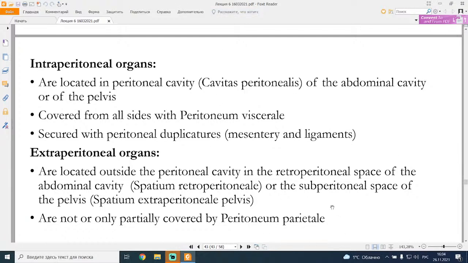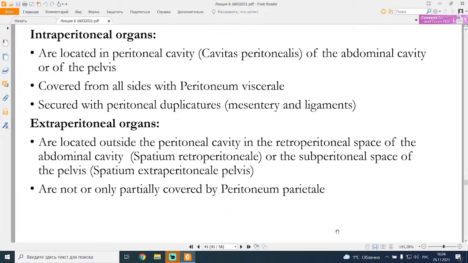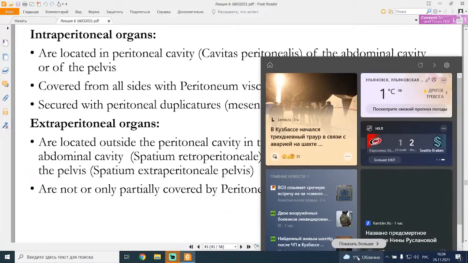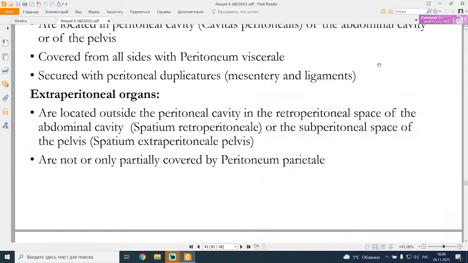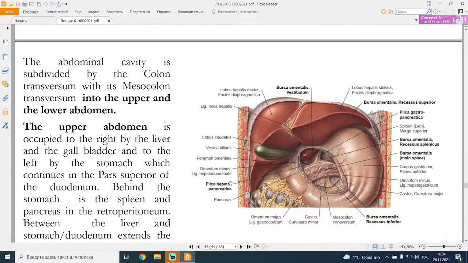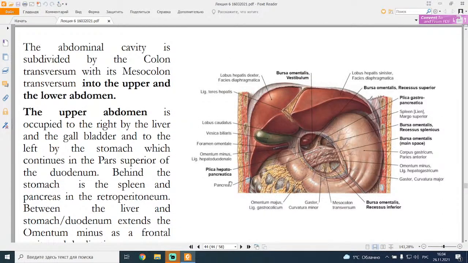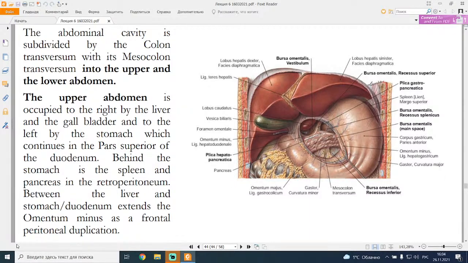Peritoneum parietale. And then the abdominal cavity is subdivided by the colon transversum with its mesocolon transversum into the upper and lower abdomen.